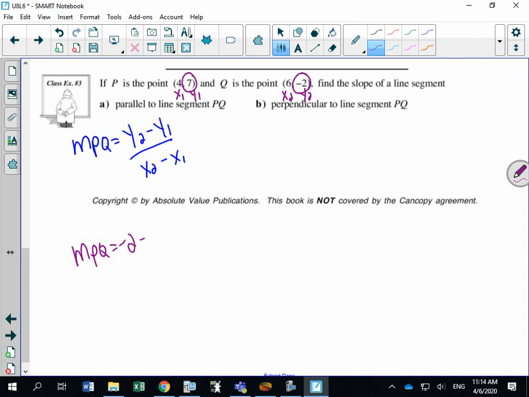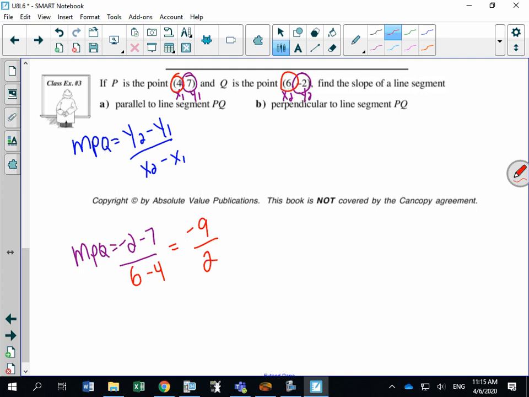Slope of PQ is negative 9 over 6 minus 4, which is 2.